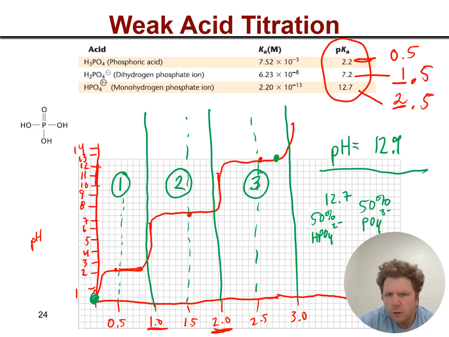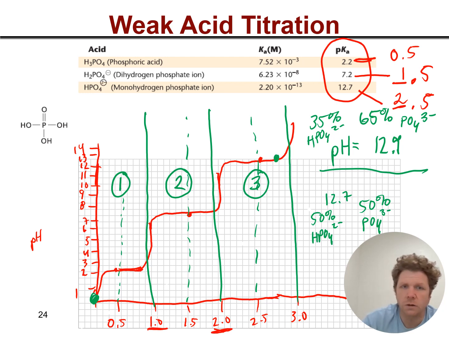Okay, so just for the sake of simplicity, we can give ourselves a round number and say that it's 65% PO4 3 minus, and that would mean 35% HPO4 2 minus.